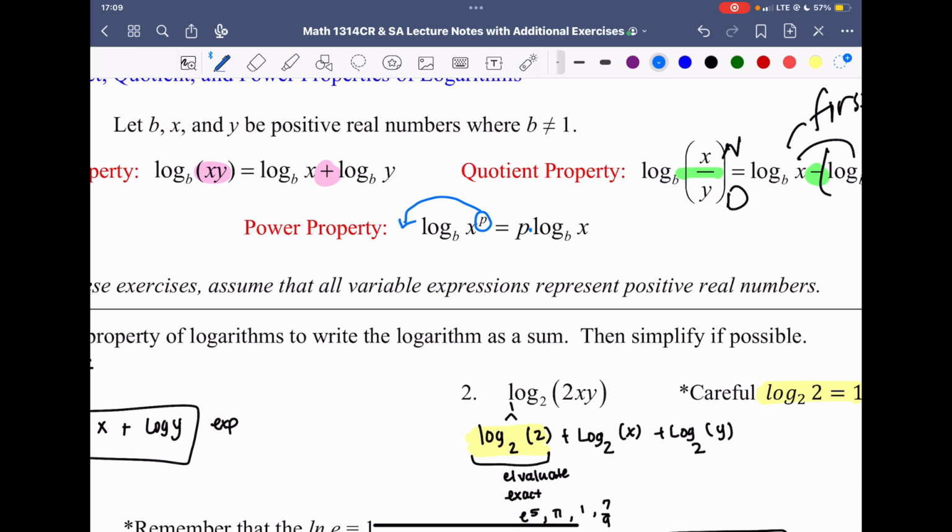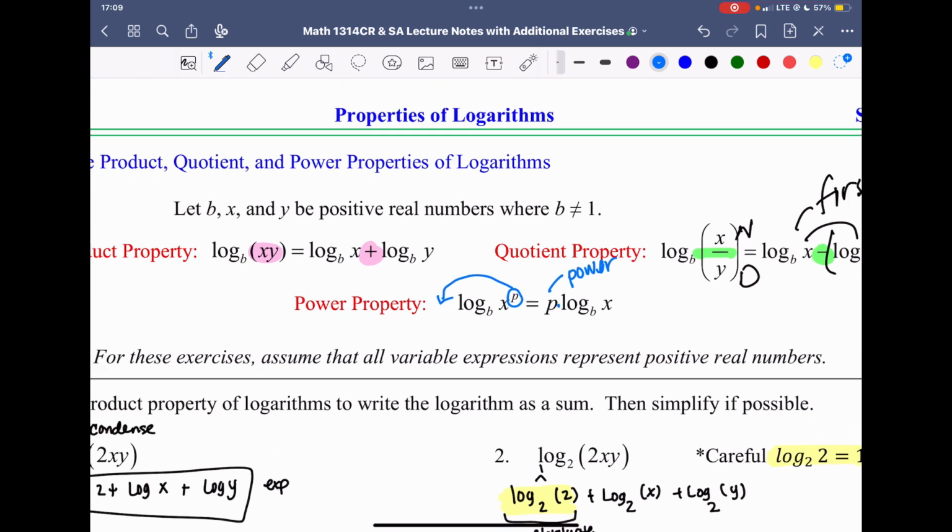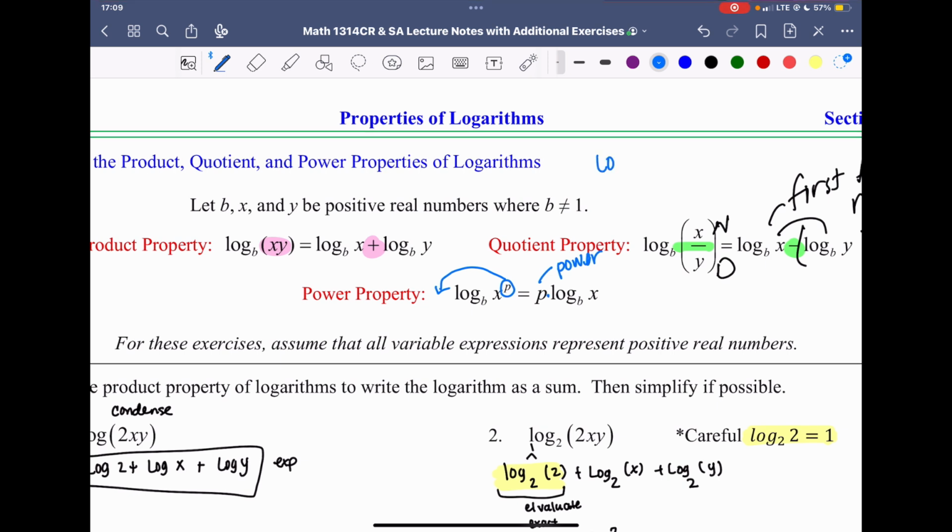So it's p times, where p is the power, times log of whatever that is. That also works for ln. So all of these properties are for log and ln. And just to remind you, ln is natural log. And the inverse of ln is e raised to some value.